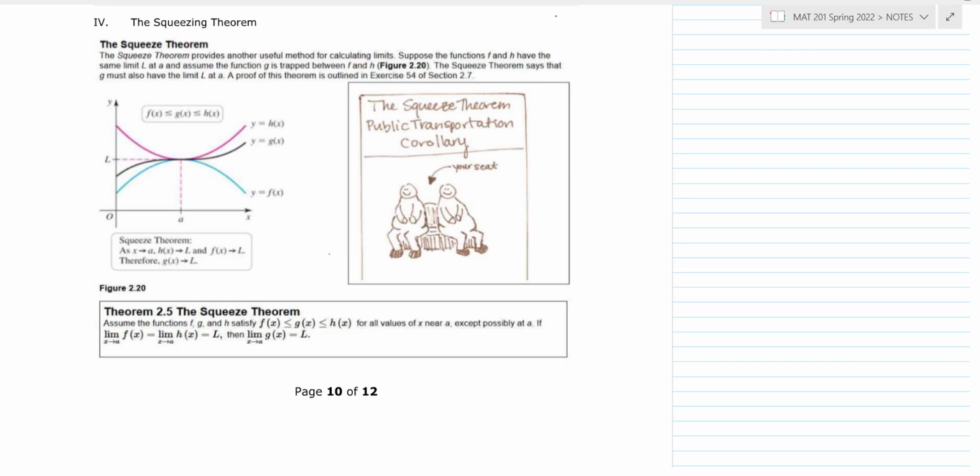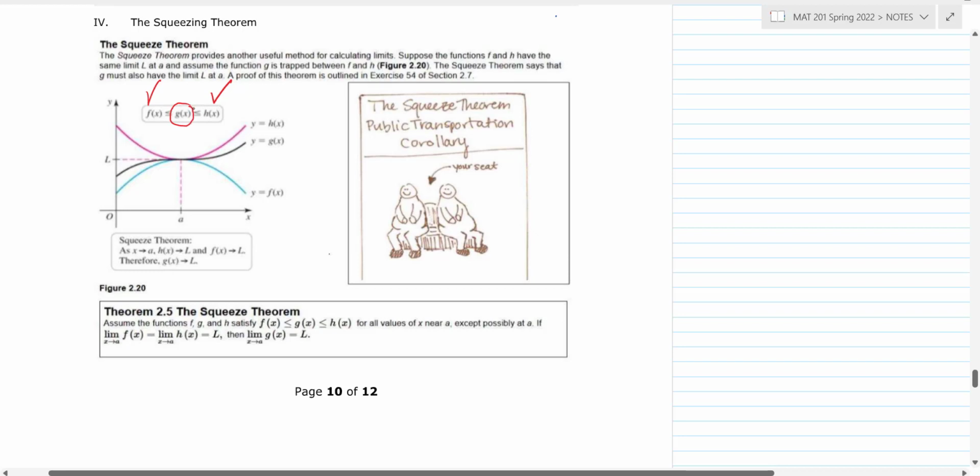So the squeezing theorem basically says if you have three functions and there's one in the middle kind of squeezed between these two, so you have h of x, the one on top, f of x, the one on bottom, and then you've got g of x squeezed in the middle.